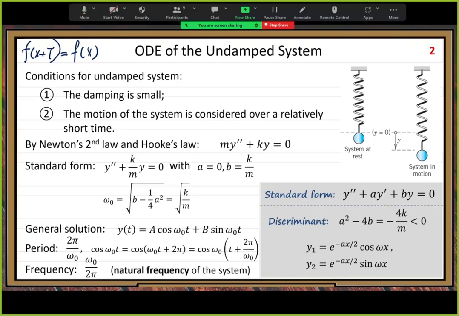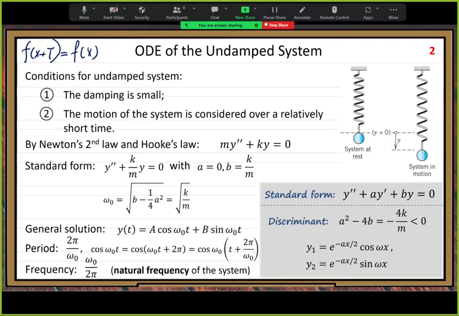We also call this the natural frequency of the system, of this mass spring system. Natural frequency. Because you may have other types of frequency.